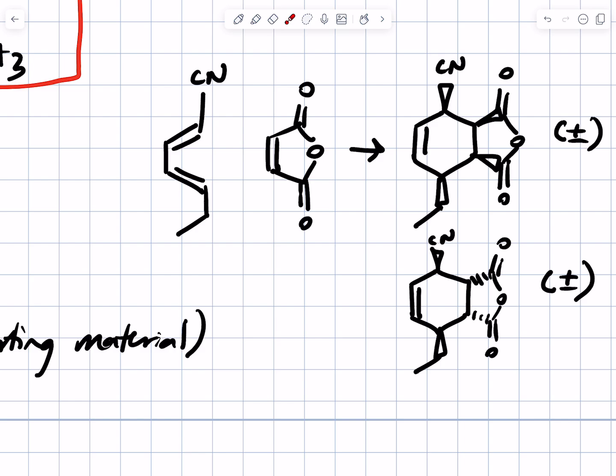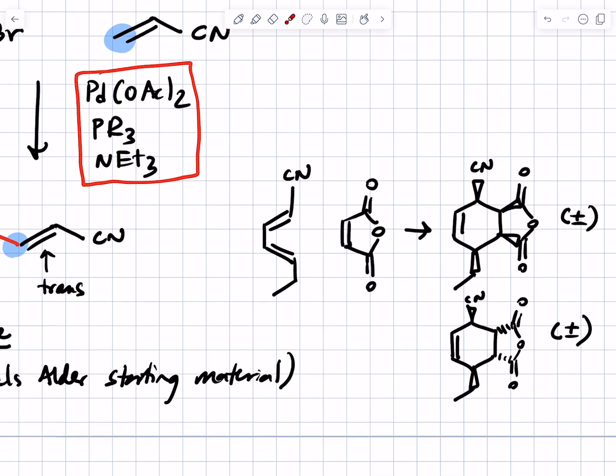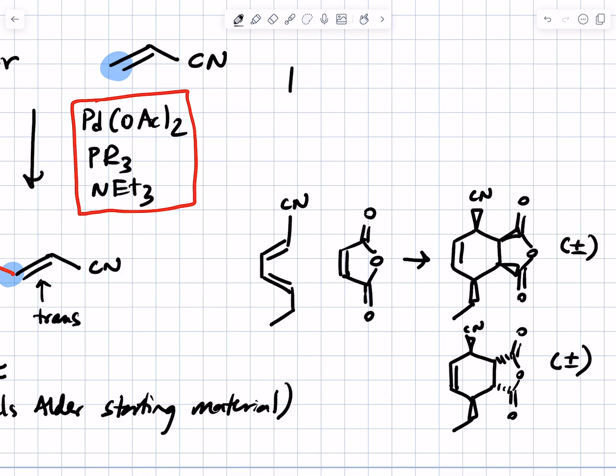Endo and exo refers to these two diastereomers which differ in the orientation of the groups on the dienophile and the groups on the diene. Technically, the terms endo and exo were most often used for dienes that look like that, and the dienophile could be sort of whatever.